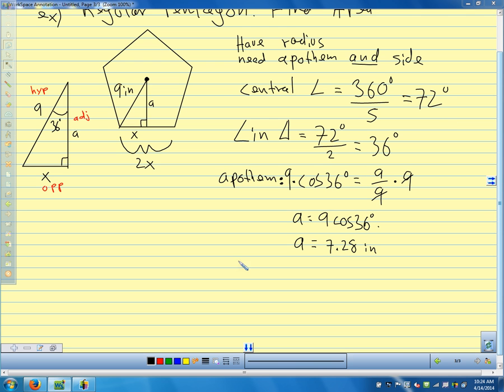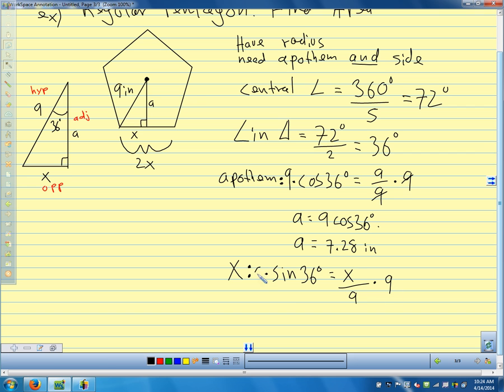Now let's find x. To find x, I'm going to look at this side and say which trig ratio tells me about the opposite and the hypotenuse. Sine. I'm going to say sine of 36 degrees equals x over 9. Go through the same process there.